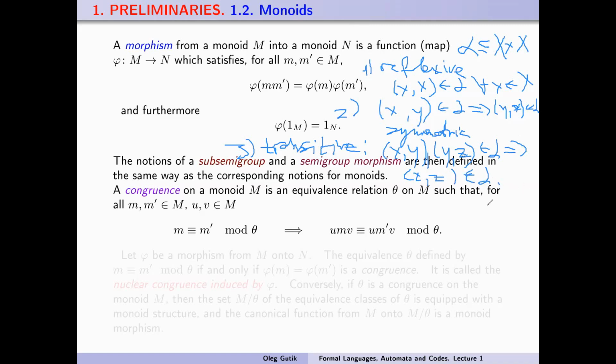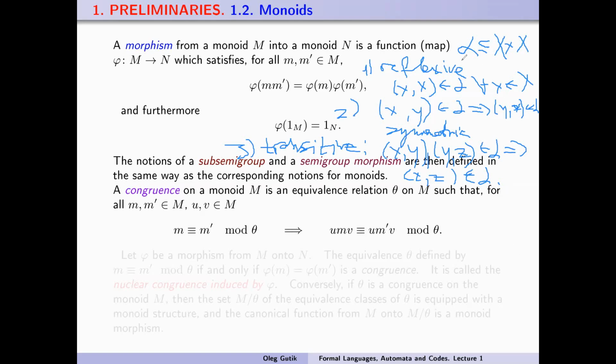So we shall repeat that alpha, a relation on the set X, is called an equivalence or equivalence relation if it is reflexive, symmetric, and transitive.